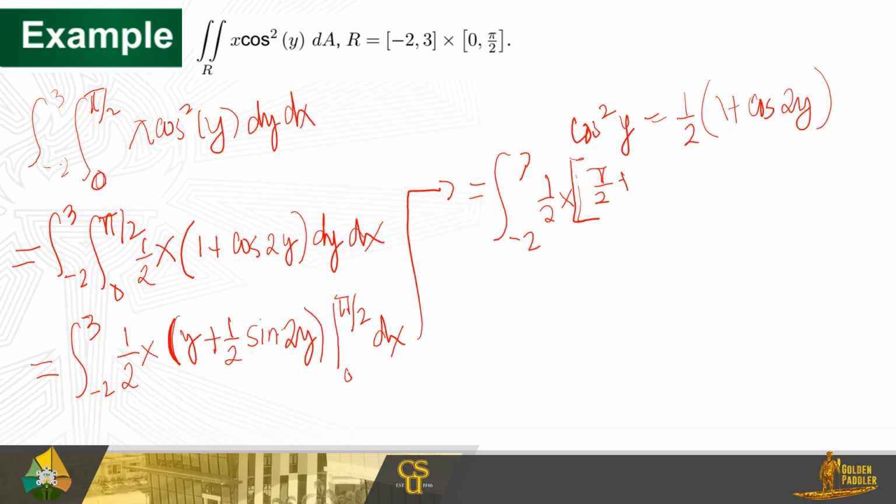So that will become plus 0. Then minus 0, plus 1/2 times sine of 0, which is still 0. Okay? That is with respect to y.